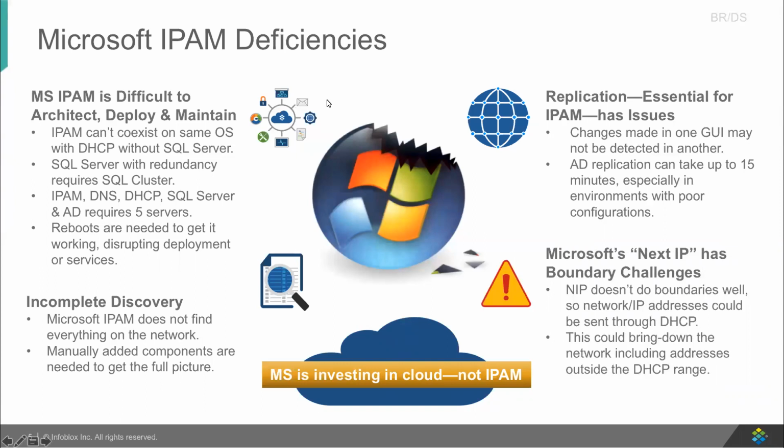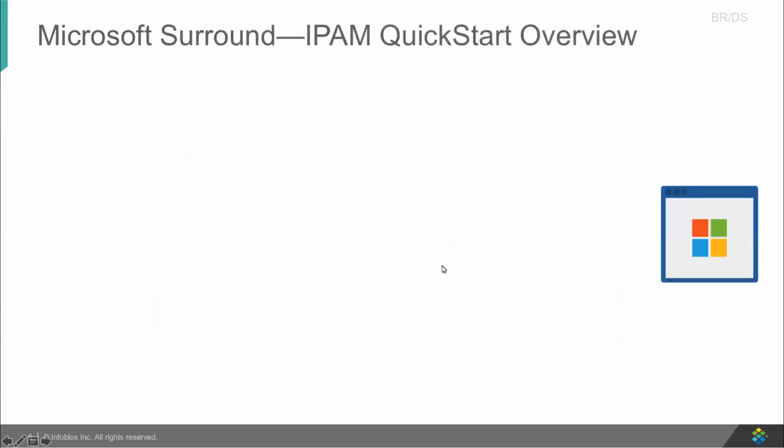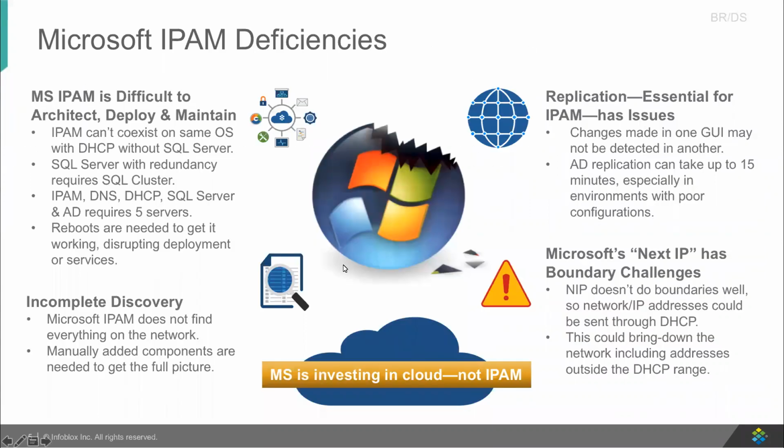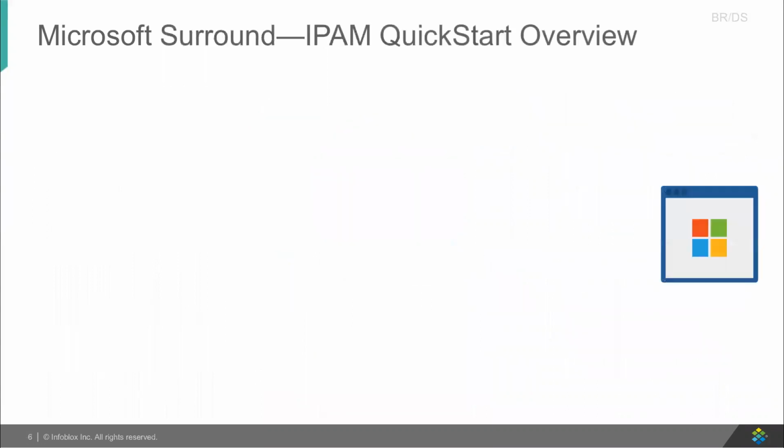The bottom line is that Microsoft is really focused right now on investing in cloud, not IPAM, and this is really one of Infoblox's key sweet spots because we can provide the visibility, the reliability, and the automation that you need that layers on top of your existing Microsoft infrastructure so that you don't have to make wholesale changes. It just layers on right over the top. So those are some key thoughts to keep in mind as you consider an IPAM solution.